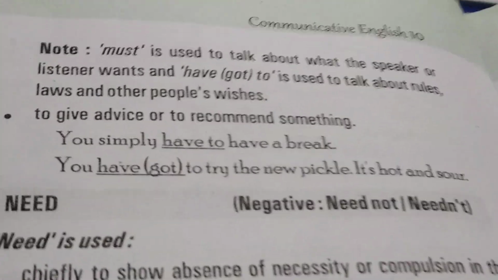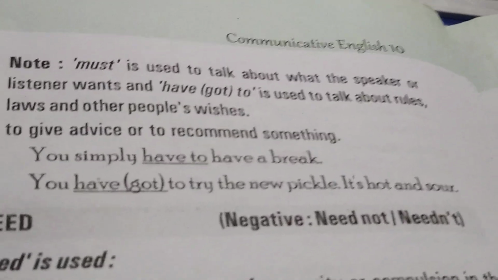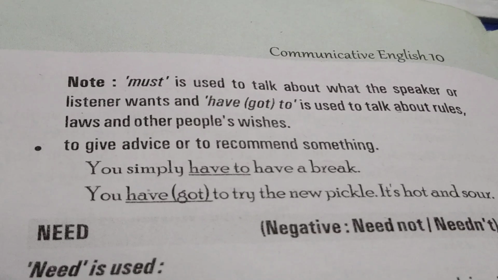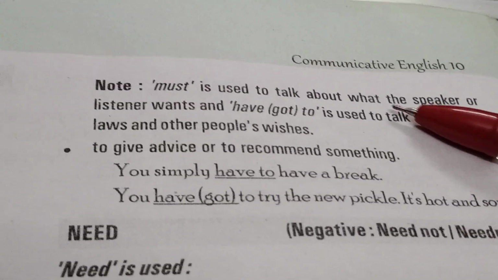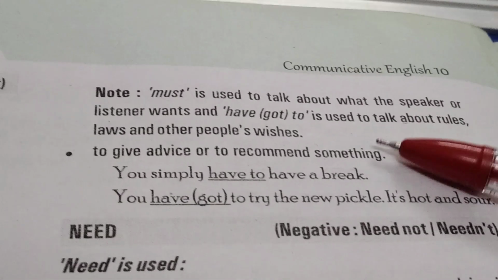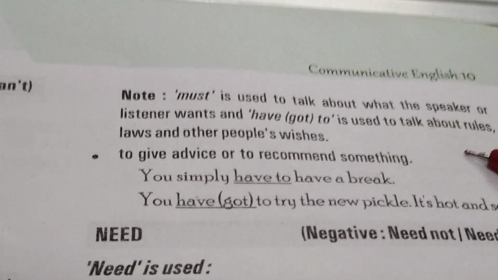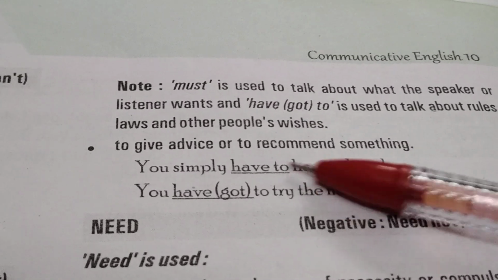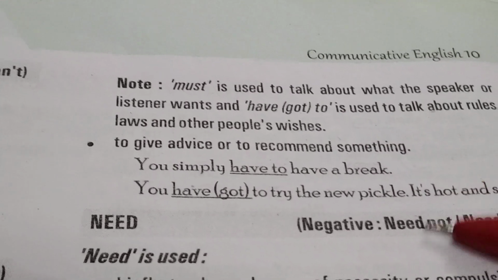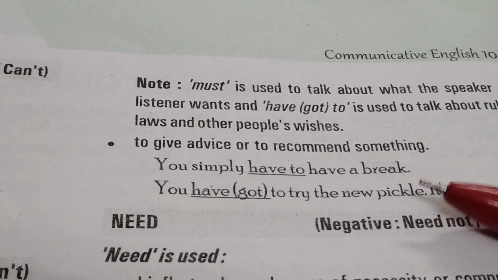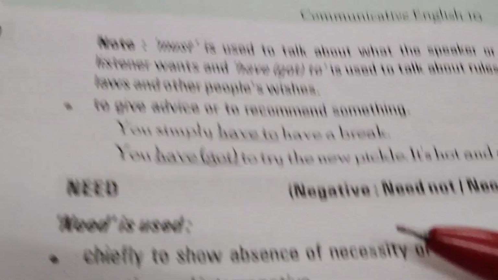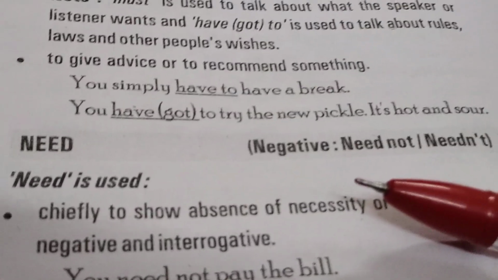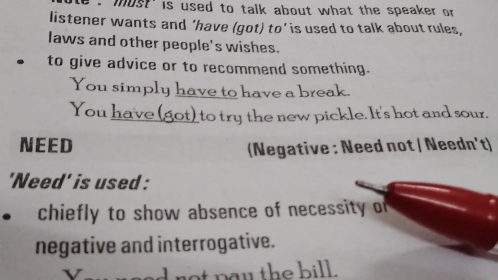This is the basic difference. Must is expressing the will of speaker or listener, and have to means rules, regulations, laws and other people's wishes, like to give advice. You must have a break. You have to try the new pickle. It's hot and sour.